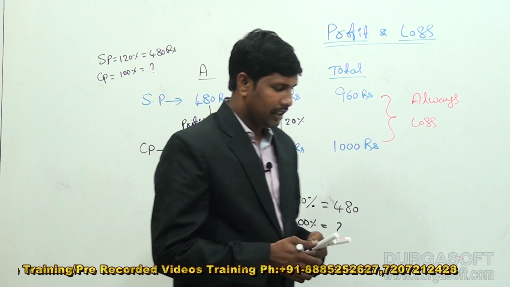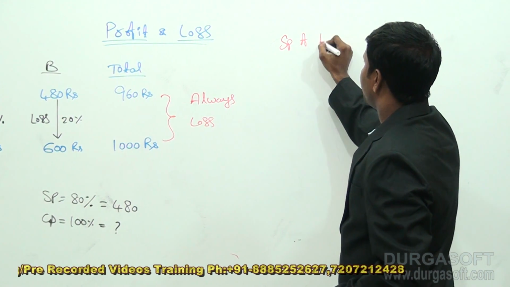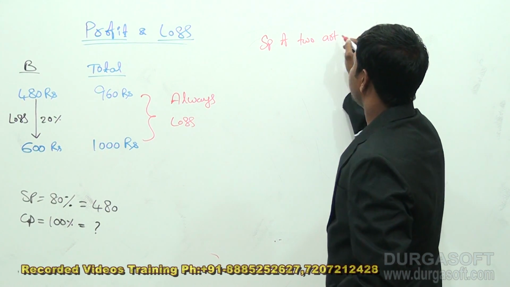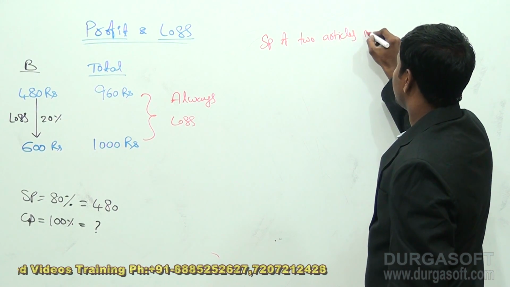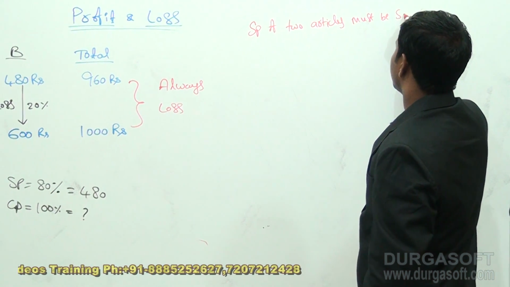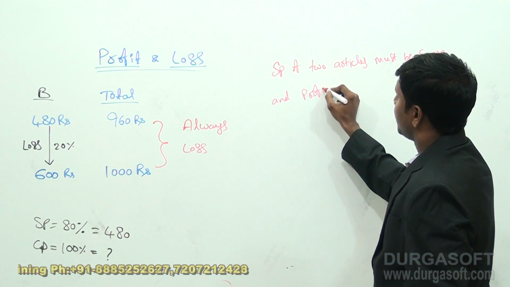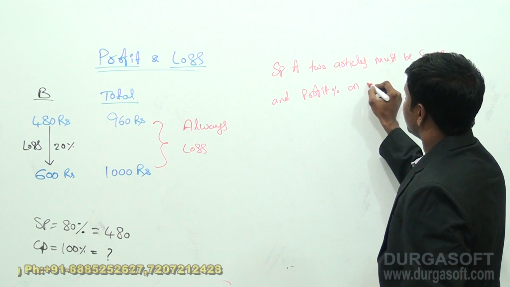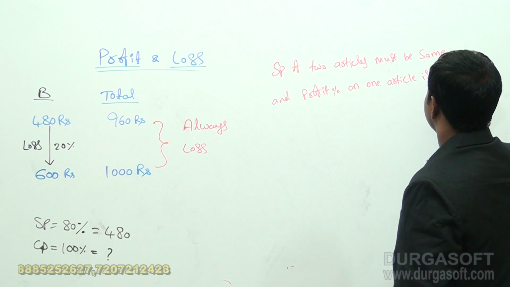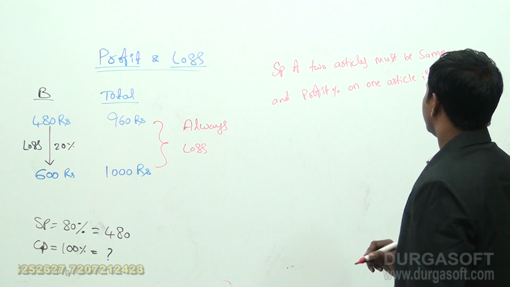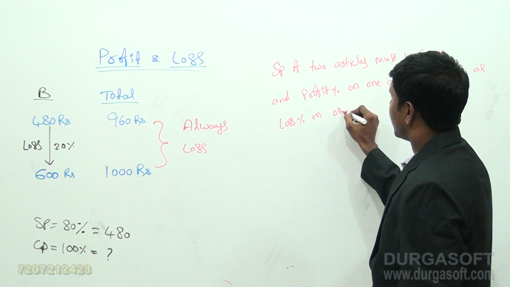Now in this case how we can conclude is: selling price of two articles must be same, and profit percentage on one article is same as loss percentage on other article.